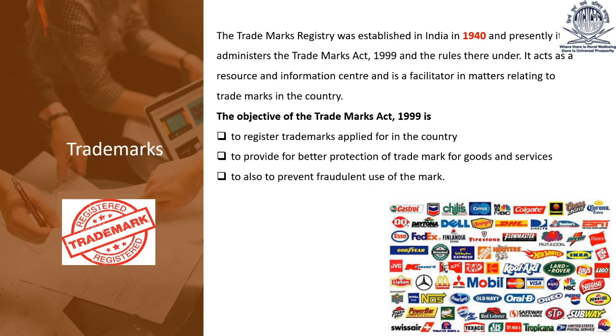The main objective of the Trademarks Act 1999 is to register trademarks applied for in the country, to provide better protection of trademarks for goods and services, and to prevent fraudulent use of the marks.